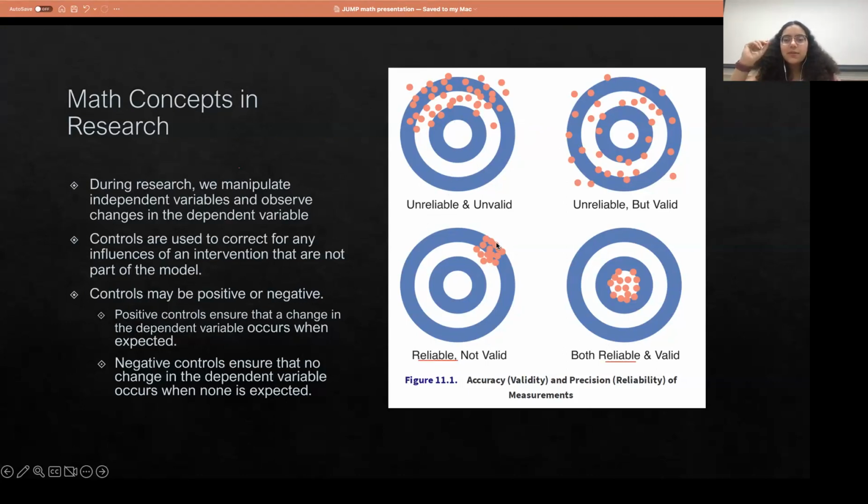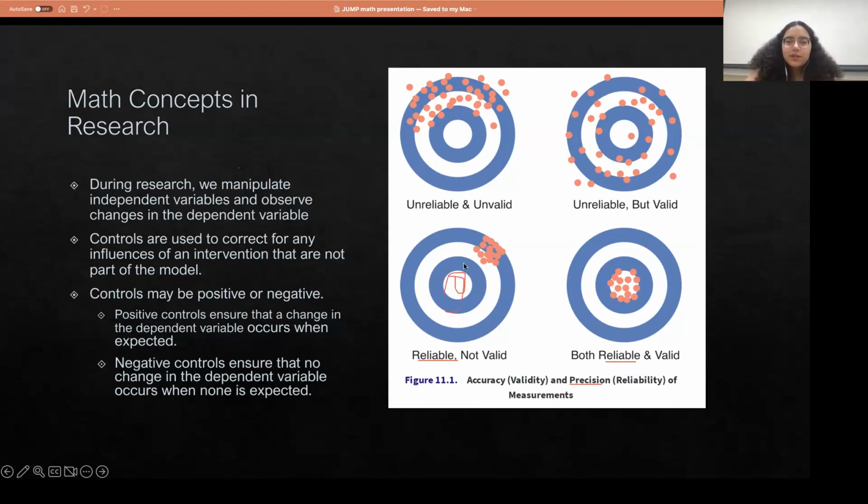So reliability relates to precision, like your study was pretty precise, you kept ending up in the same area. And then accuracy or validity is whether that area was the correct one. Sometimes in research, especially novel research, you don't actually know what you're answering, but in this dartboard case, you want to be near the center.